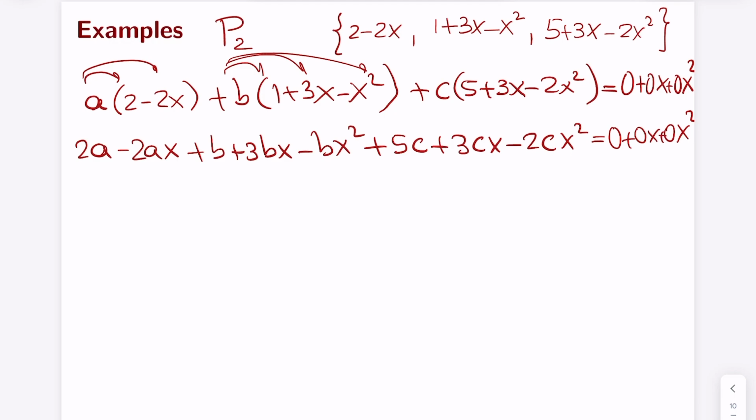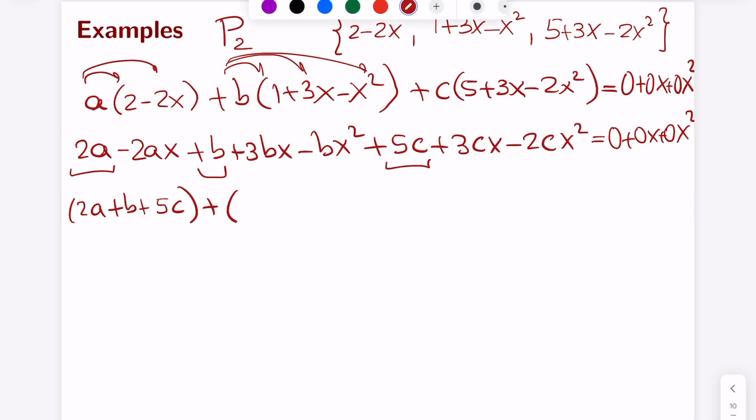So let's start with the numbers. We have here 2a, b, and 5c. So let's put those together: 2a plus b plus 5c. It's everything that doesn't have x, right? Plus. And now I go for all the things that have an x.